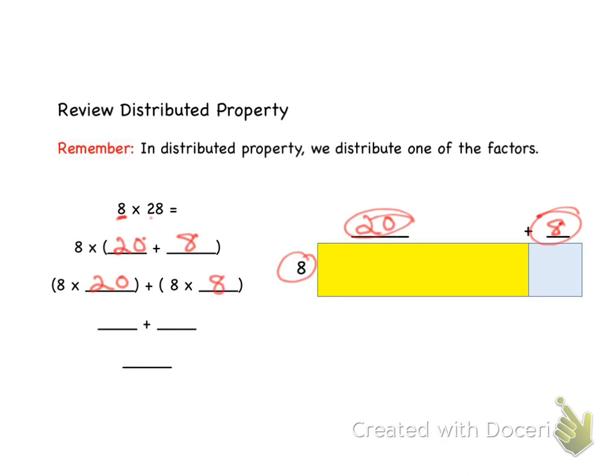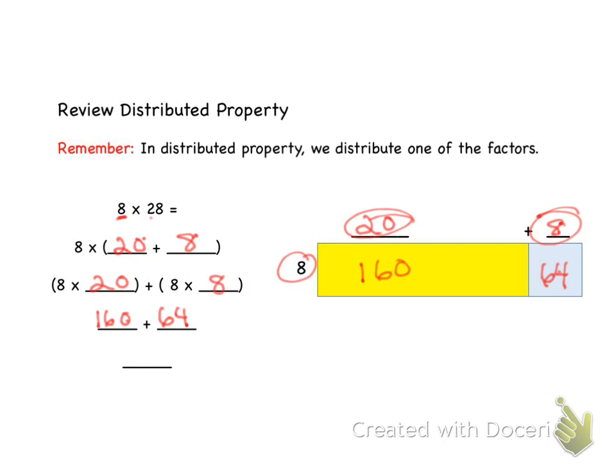So I'm going to do the first one here. 8 times 2 gives me 16, and then I just put the 0 down. So I know this yellow box is actually 160. Now I need to do the smaller box. 8 times 8 we know is 64. So the smaller box has to be 64. Now to figure out the answer to 8 times 28, I now have to add up 160 plus 64.